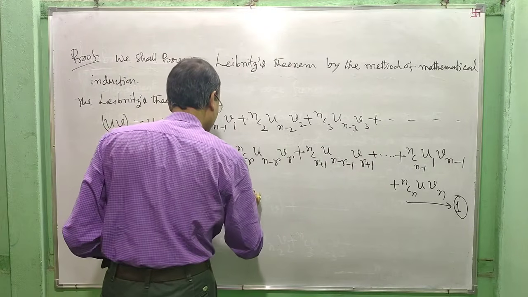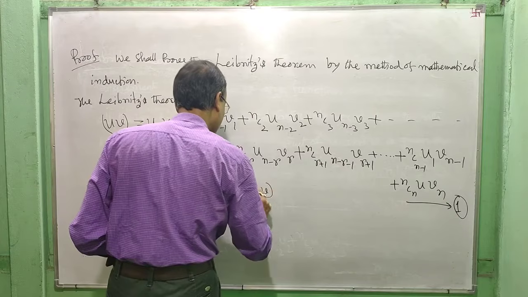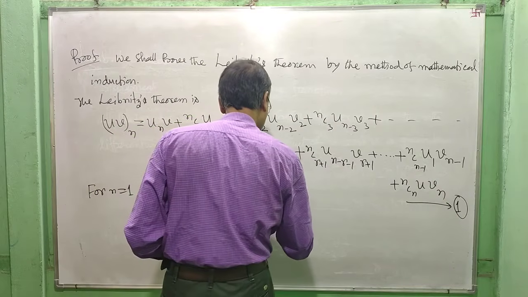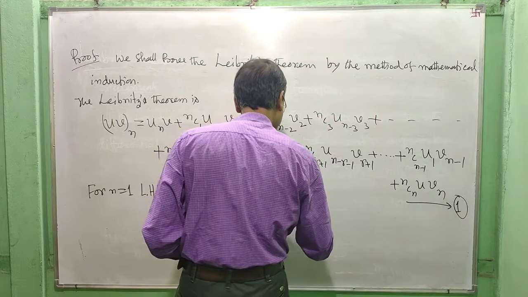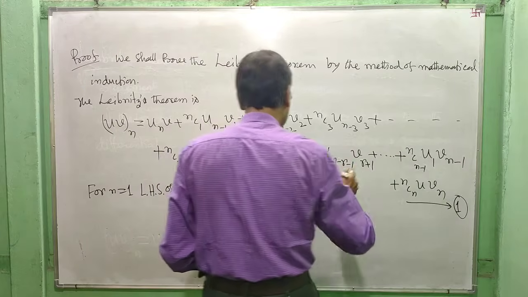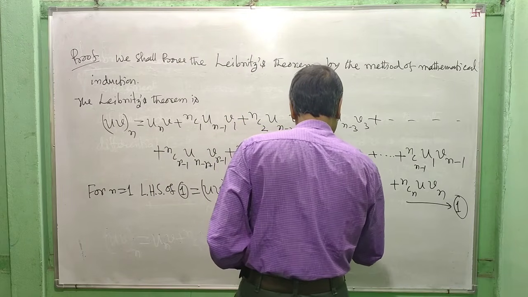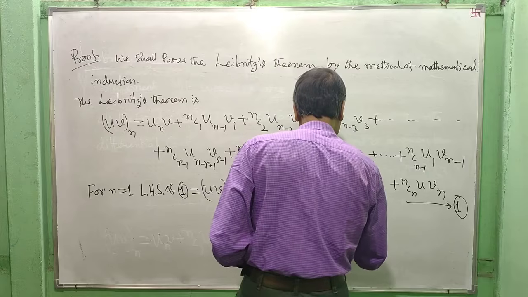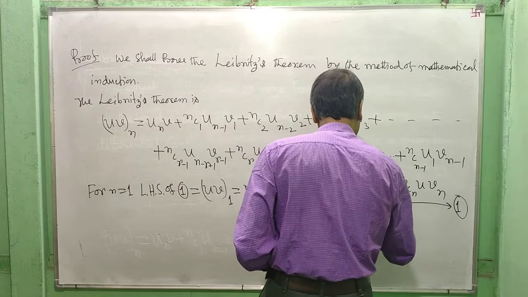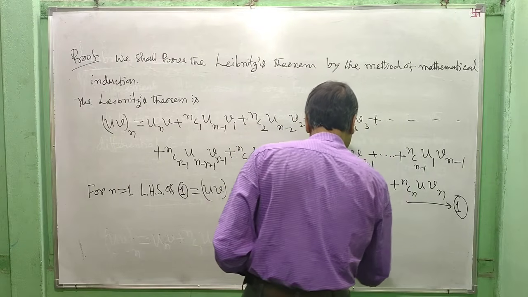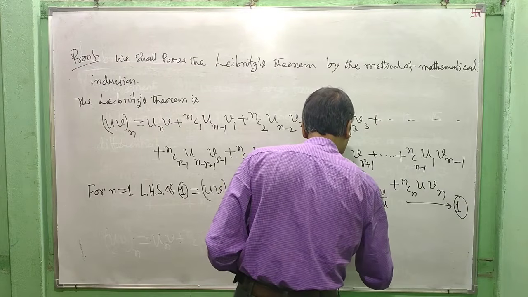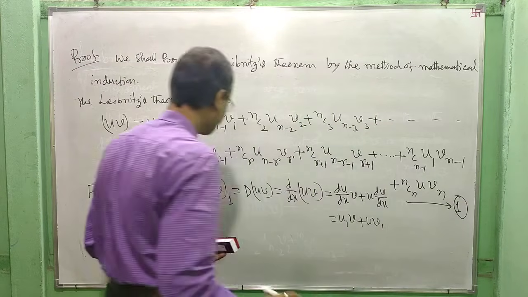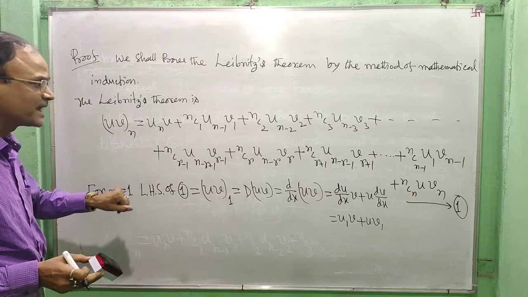This is nothing but d/dx of uv, where u and v are functions of x. This is equal to du/dx v plus u dv/dx, which is equal to u1 v plus u v1.